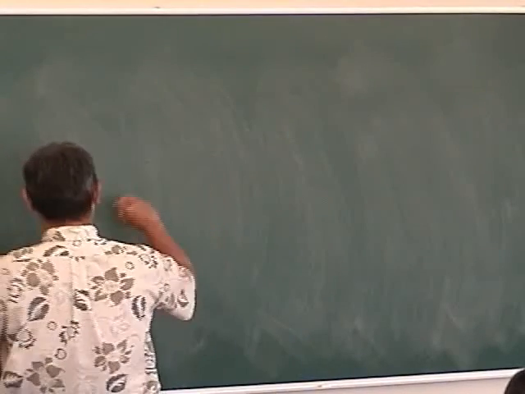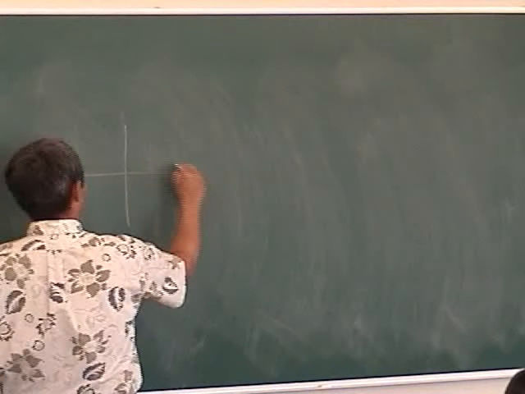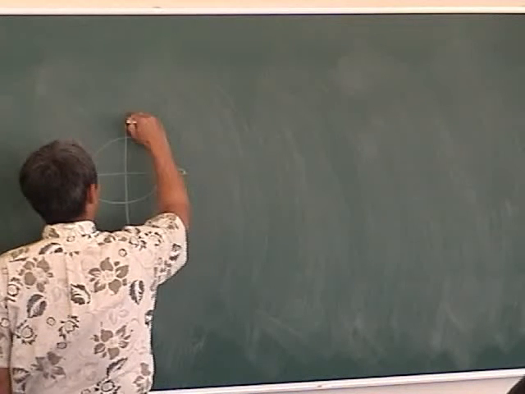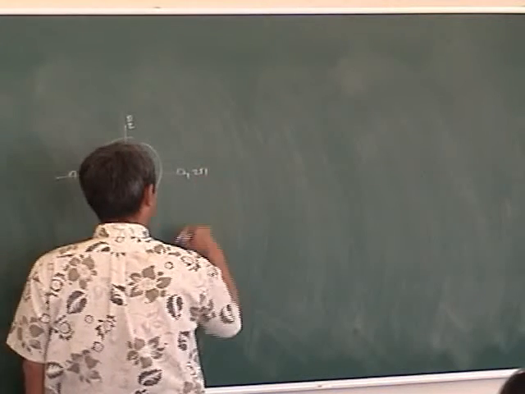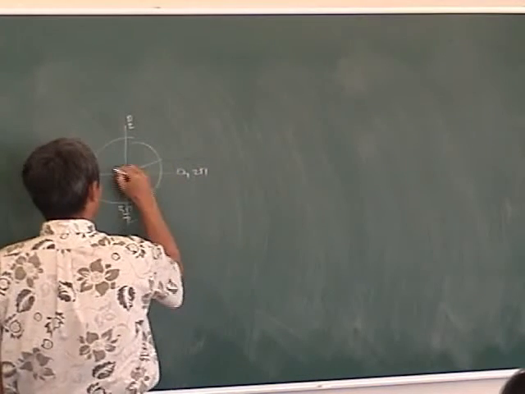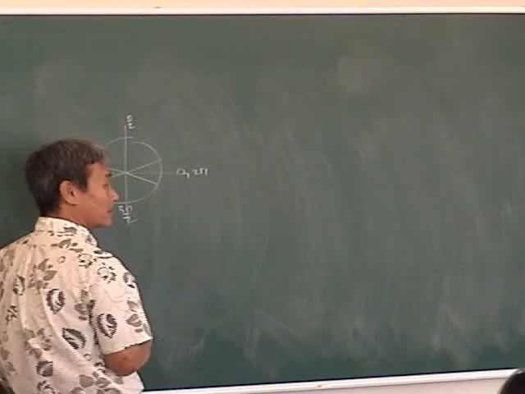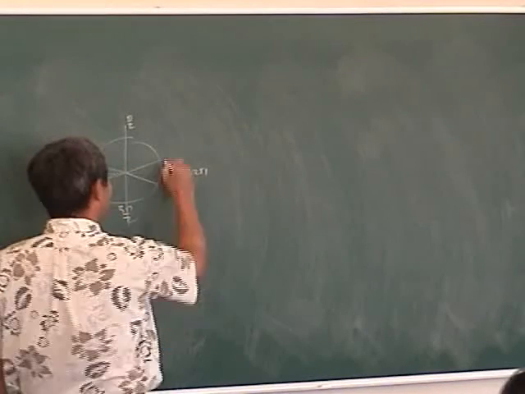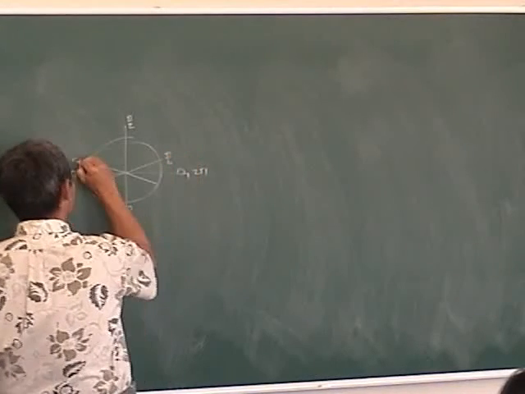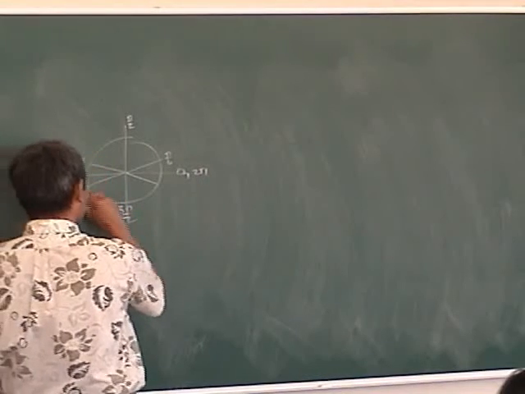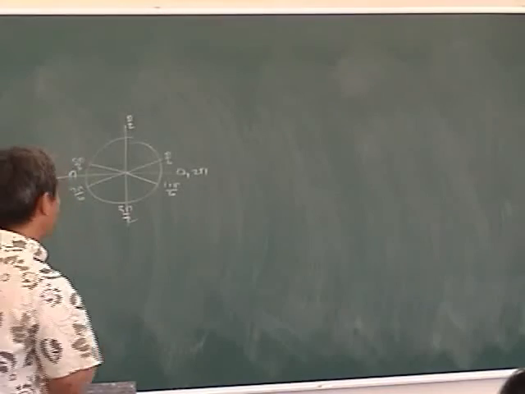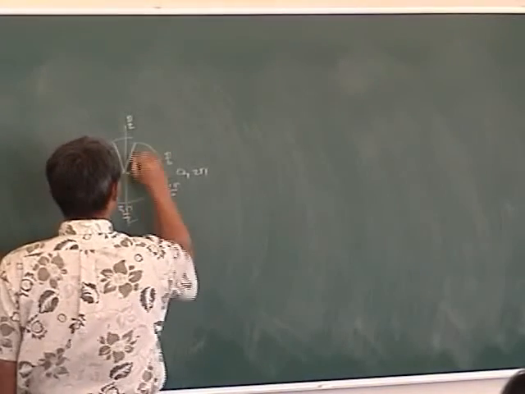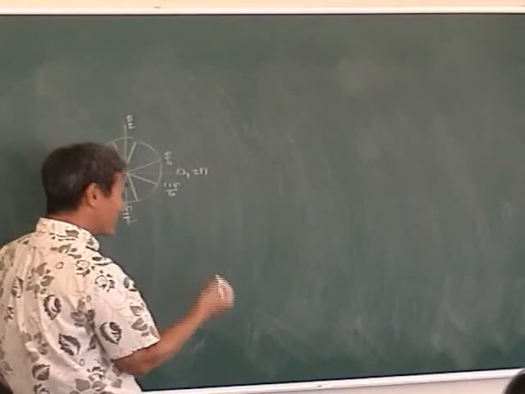It's ridiculous. Okay, so the quadrantal angles are 0, pi over 2, pi, 3 pi over 2, and then back to 2 pi, right? Okay, what are the angles that are close to the x-axis? That's the pi over 6 family, right? Pi over 6, 5 pi over 6, 7 pi over 6, 11 pi over 6. I call it the pi over 6 family. The angles that are close to the y-axis, that's the pi over 3 family.